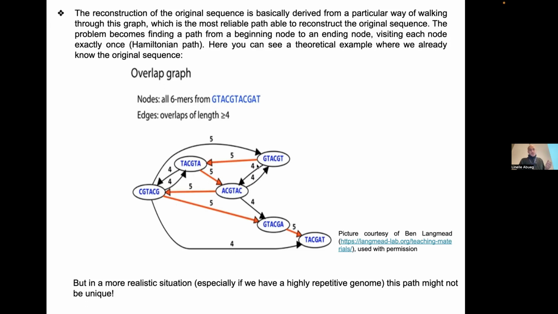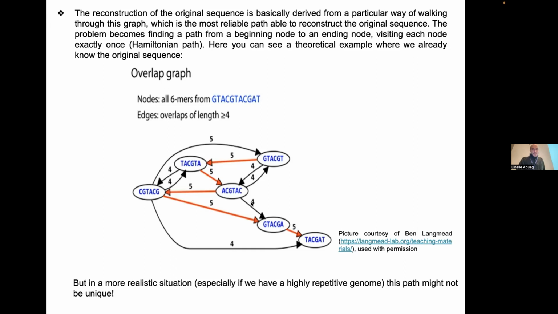So for instance, if you take this GTACT, there is an overlap of 5, because if you look at this sequence here, TACGT is the same as here, TACGT. The last 5 nucleotides of this sequence are the first 5 nucleotides of this sequence.